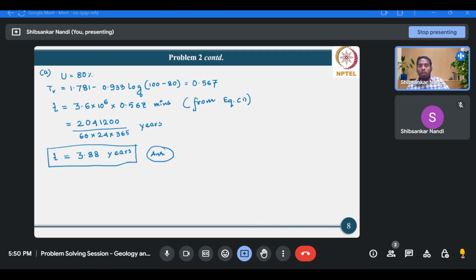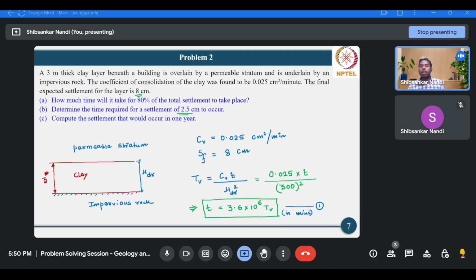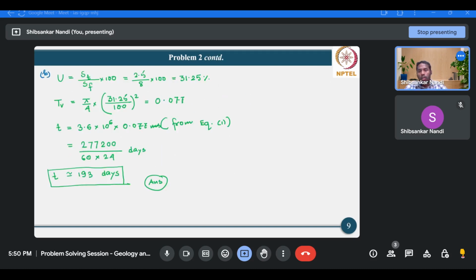Therefore, to answer this type of question, we should have in-depth knowledge about the definition of degree of consolidation, time factor, and the relationship between time factor and the coefficient of consolidation.